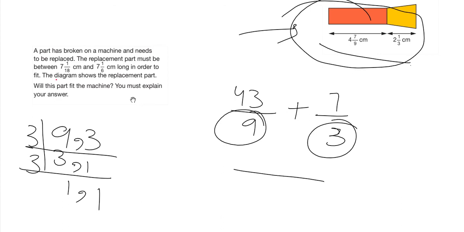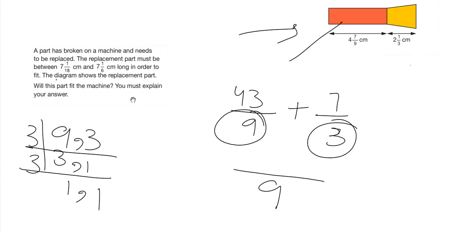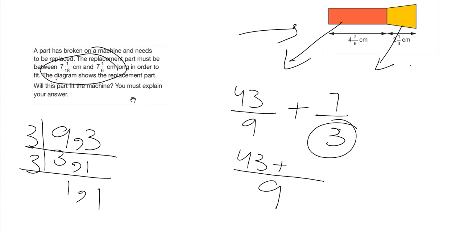That is 9 over here. Okay, why are we adding these two values? Because these two parts make up the whole replacement part. Alright, and we have to check whether it is between these or not. 9 divided by 9 will give you 43, 3, 21.